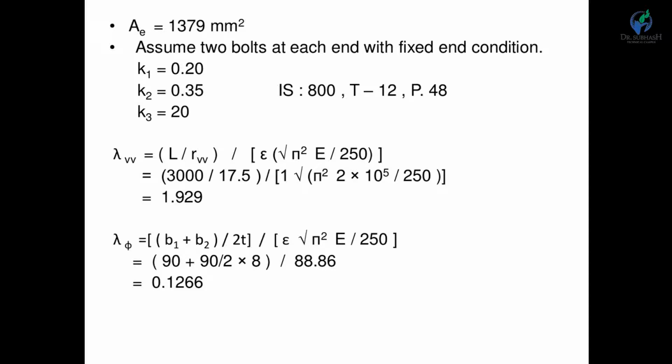Here lambda phi has another equation: B1 plus B2 divided by 2 times T, divided by epsilon under root pi square E upon 250. Here B1 is the connected leg and B2 is the outstanding leg. Here equal sections are there, so B1 and B2 are both the same, which means 90. So we find out lambda VV and lambda phi.